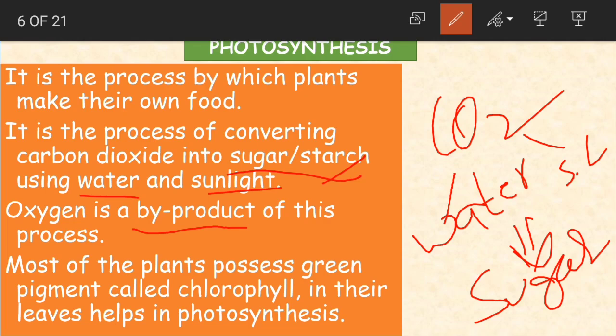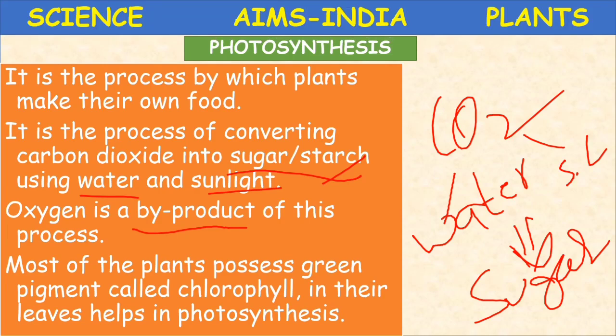And oxygen is a byproduct, an extra product of this process. Here sugar is nothing but glucose. And most of the plants have a green pigment called chlorophyll in their leaves, and this chlorophyll helps in the process of photosynthesis. Clear children? Okay.